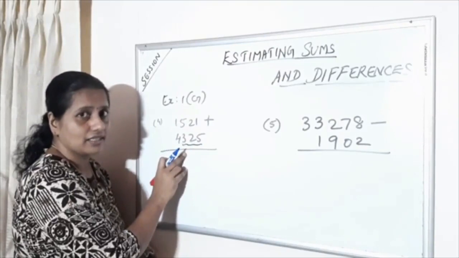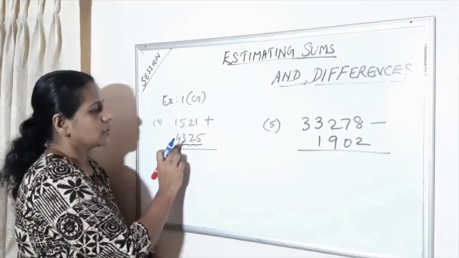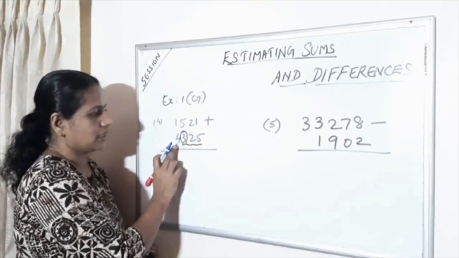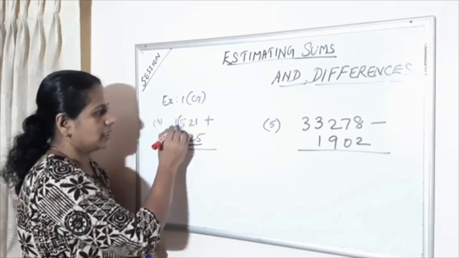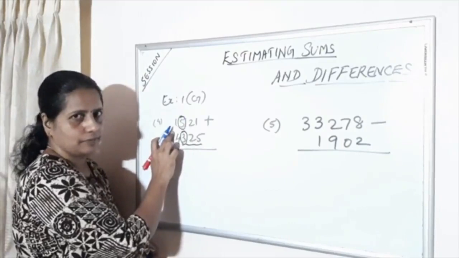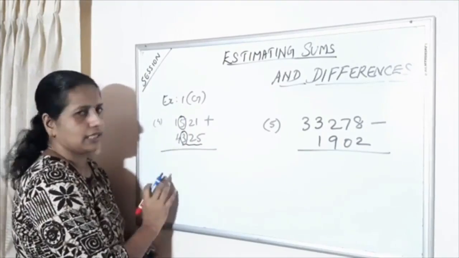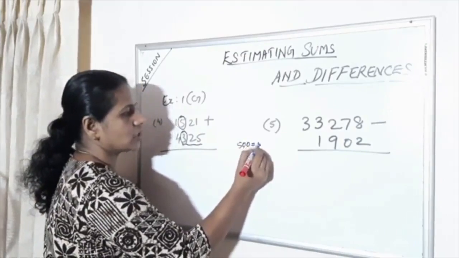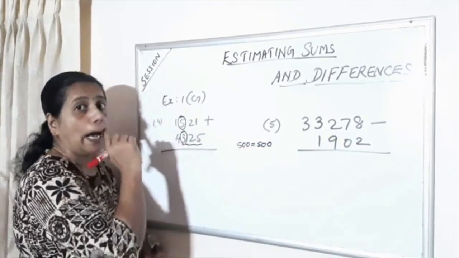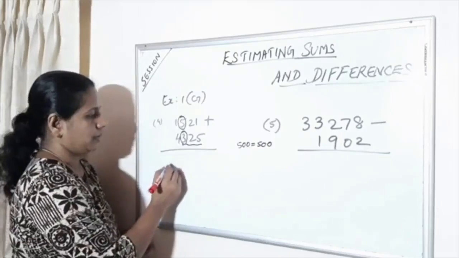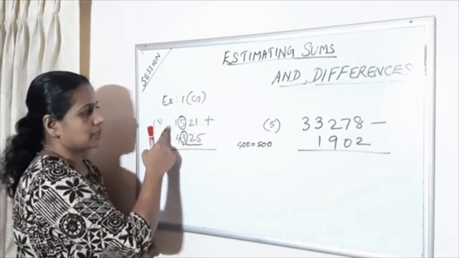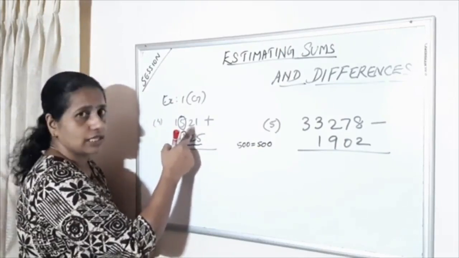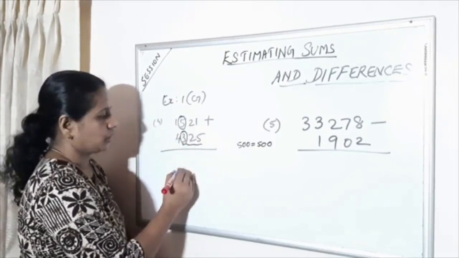So take 100. 325, here the hundreds place value is 300. Here the hundreds place value is 500. So 500 is equal to 500, round it up. The next multiple of 1000 after 1521 is 2000.